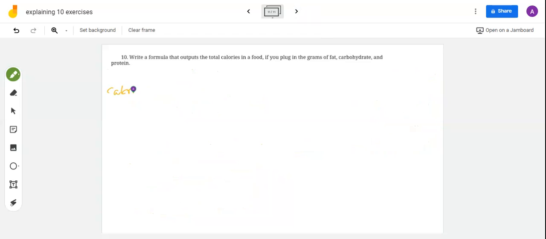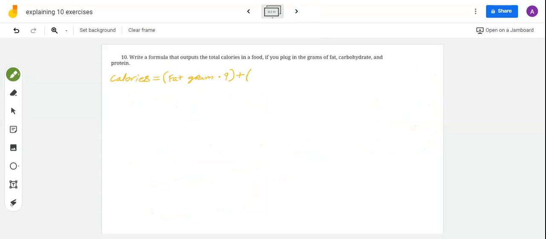Hold on, let me write this a bit neater for you guys. You guys deserve that much at least. Calories equals, I'm going to put a parenthesis, fat grams times 9 plus another parenthesis here, just to make it fair.